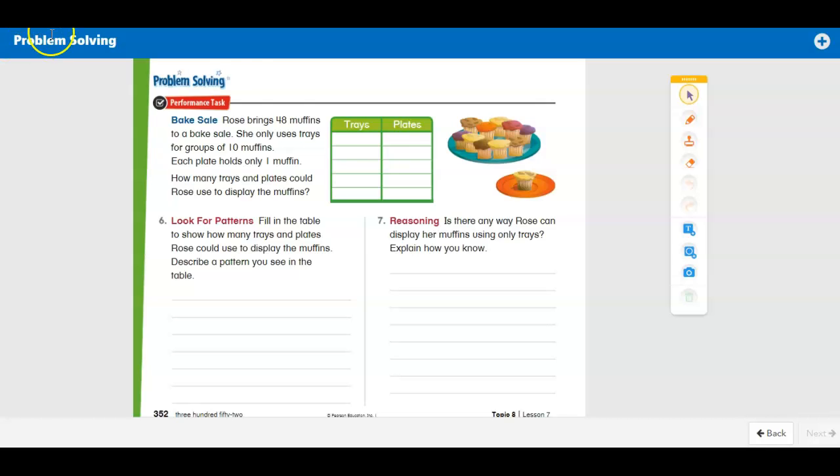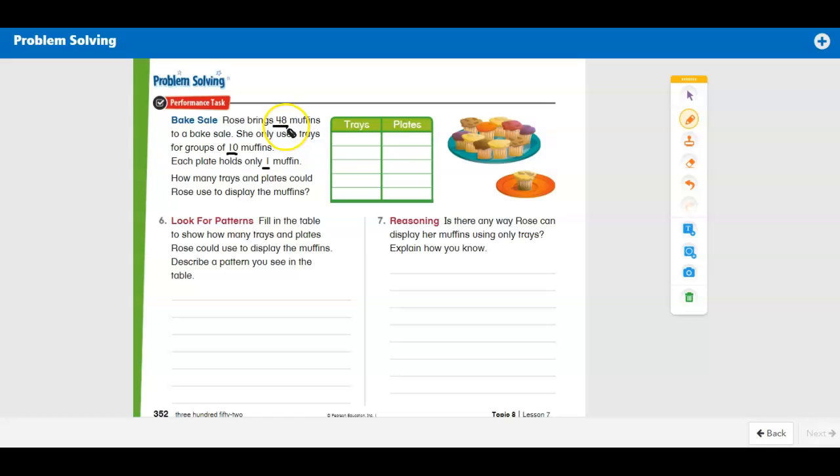Let's begin with our chart at the top of the page. It tells us that Rose brings 48 muffins. She only uses trays for groups of 10 muffins, and each plate only holds 1 muffin. Let's begin with the first row.